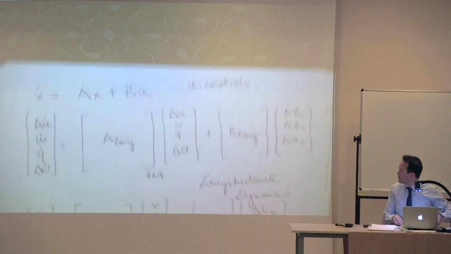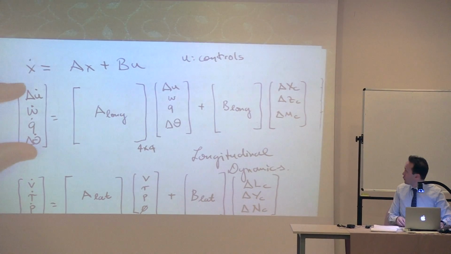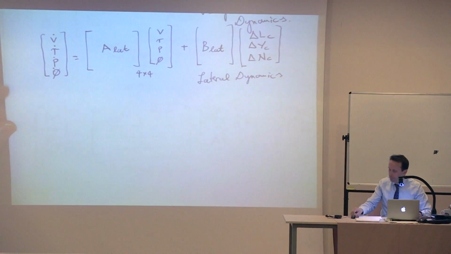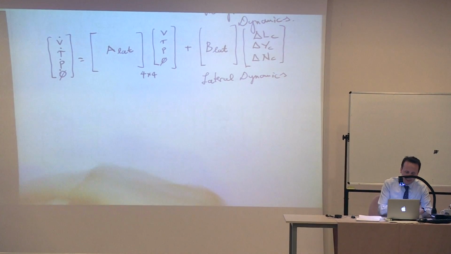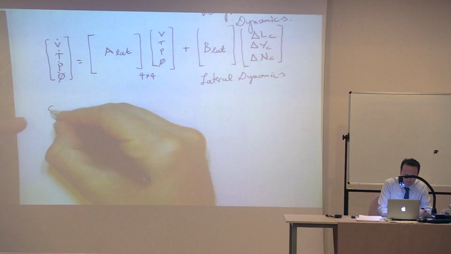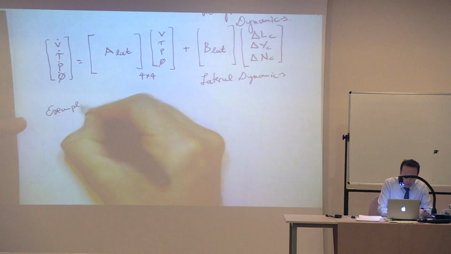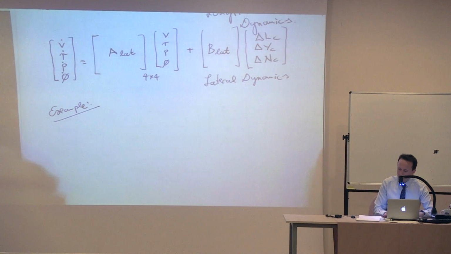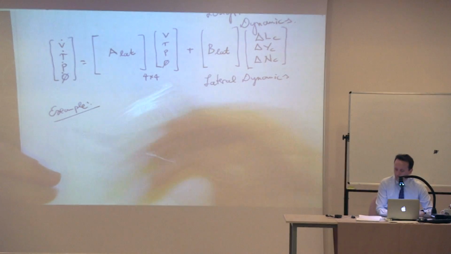This was the A longitudinal that I was just showing you about, and this was the A lateral. So what we are going to do today is give a real example of a passenger airplane. And we will look at the stability now, right?